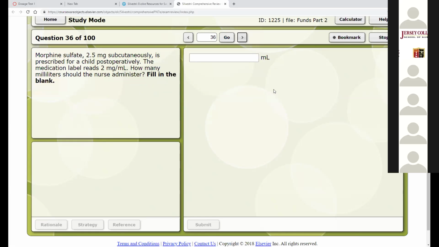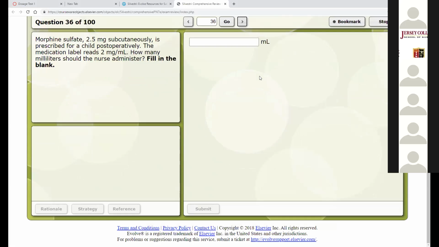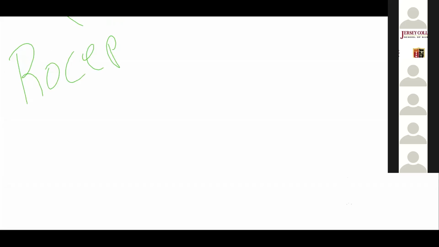Okay, so I'll do it without that. And then, of course, the next question will be one. Okay, so the doctor ordered Rocephin. Can you see the whiteboard? Yes.